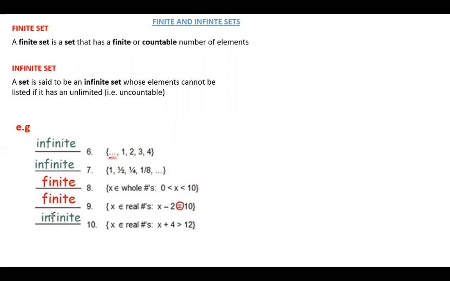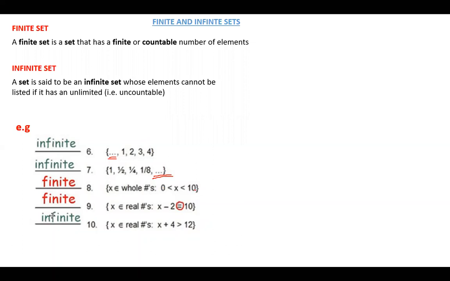They are simply showing you that the numbers are still going to the negatives and are not ending, they're just going to the negative side of the number line. Even the second one here is infinite because it's showing us that the numbers are still going to the positive side of the number line.